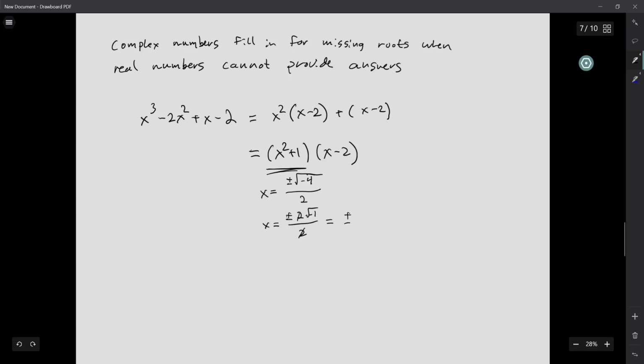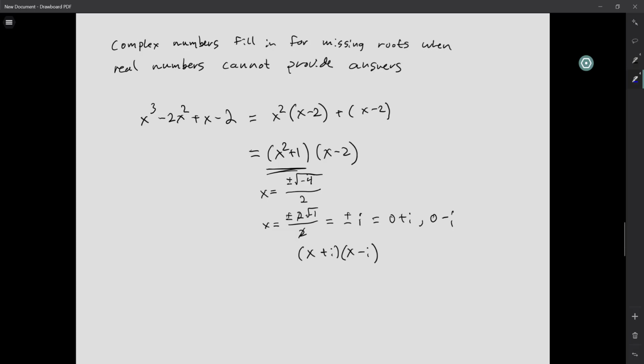I get plus or minus i. Or basically I get 0 plus i and 0 minus i for my complex root answers. And since my number up here is 1, I get to get off easy. My factors are therefore x plus i and x minus i. And sure enough, if you multiply this out, you're going to get back x squared plus 1.